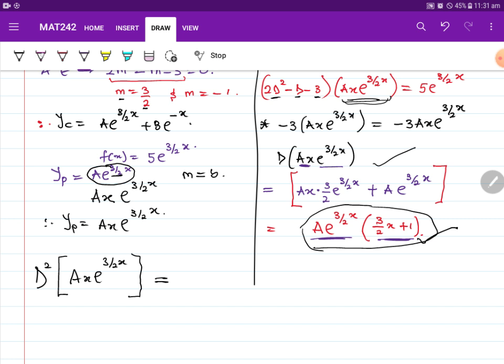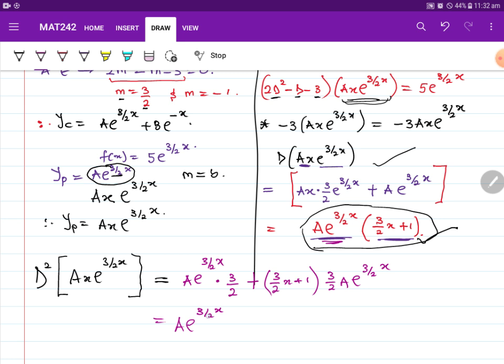Applying product rule gives us a exponential 3 over 2x times the derivative of the bracket, that's 3 over 2, plus the bracket 3 over 2x plus 1 times the derivative of this, that's 3 over 2a exponential 3 over 2x. Now can we factorize? We can factorize a exponential 3 over 2x out.